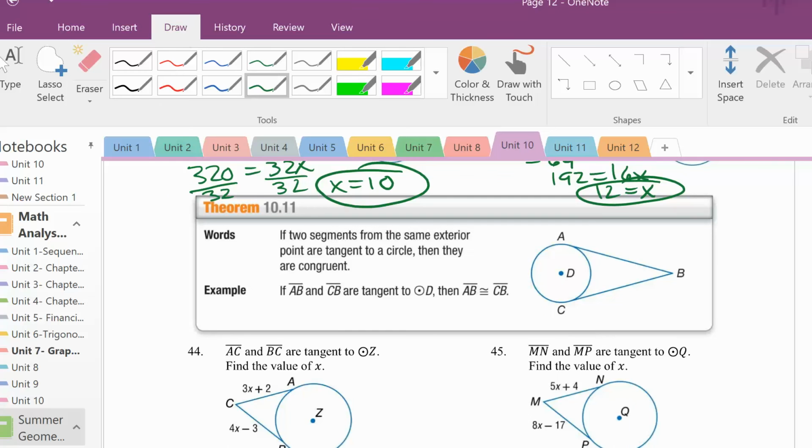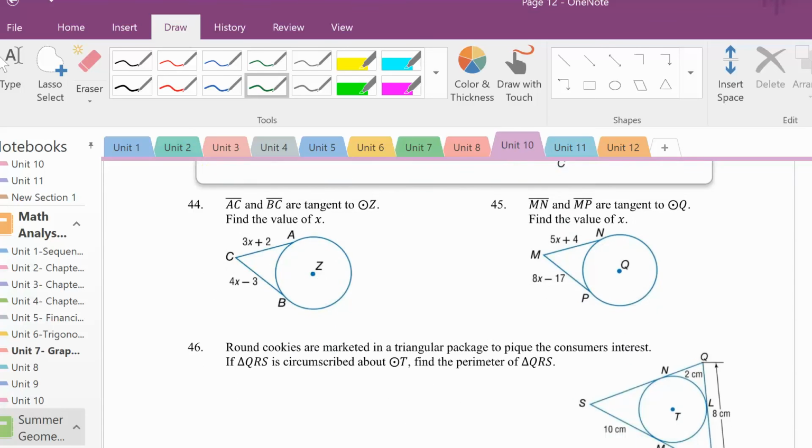All right, so the next one is if two segments from the same exterior point are tangent to a circle, then they are congruent. So that means that AB would be congruent to BC. So here, notice AC and CB would both be congruent because they're both tangent to the circle. So that means 3x plus 2 would equal 4x minus 3.